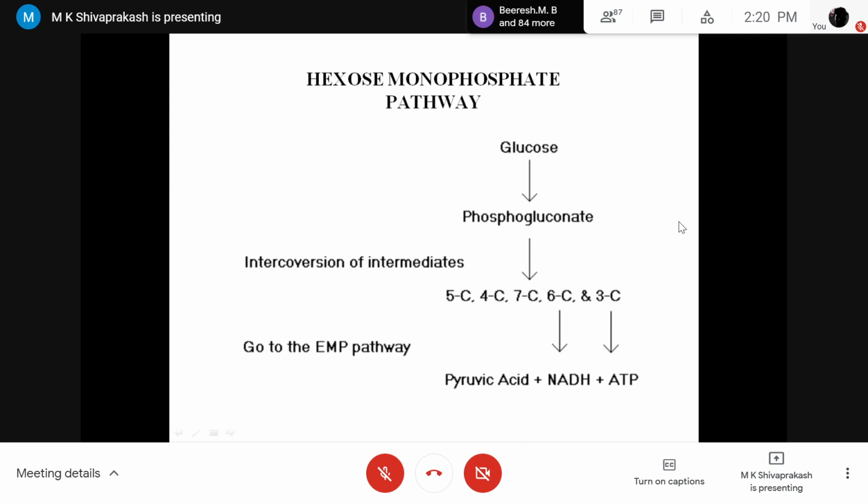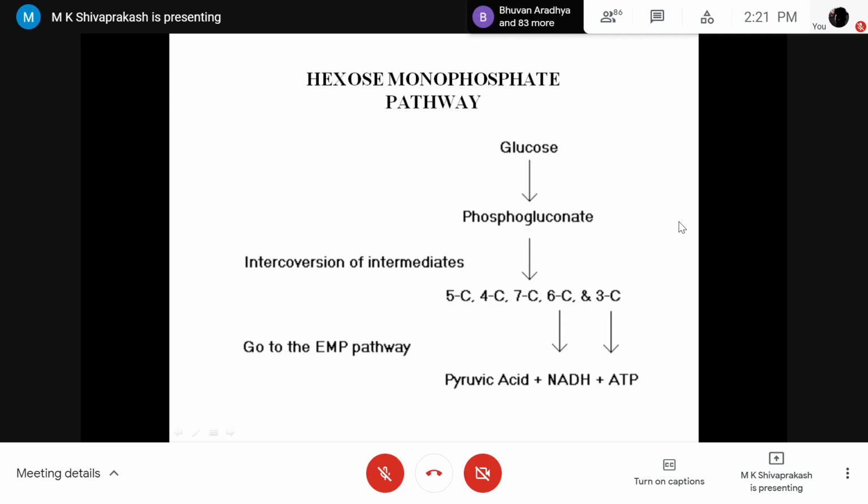And of course, when the microorganisms are grown on a source of 5 carbon sugar, the 5 carbon sugar can't directly enter the catabolic pathway, so it has to go back and come back from a 6 carbon state.